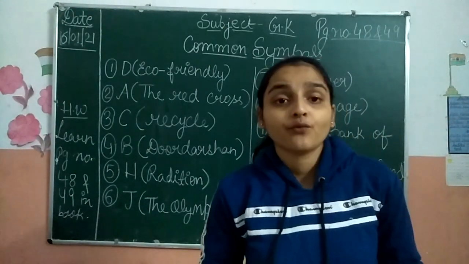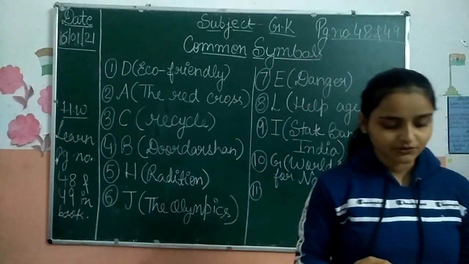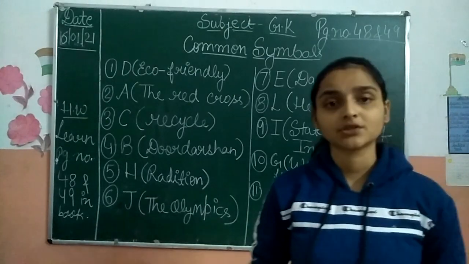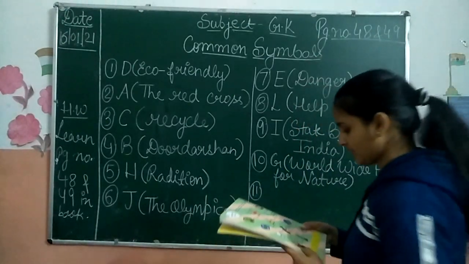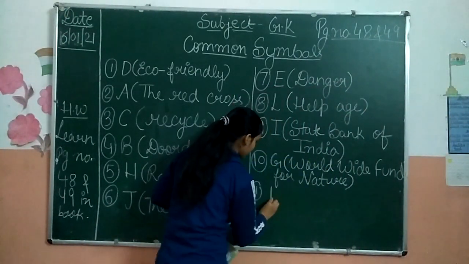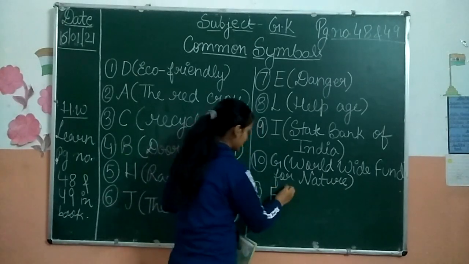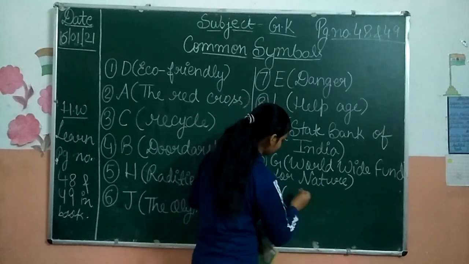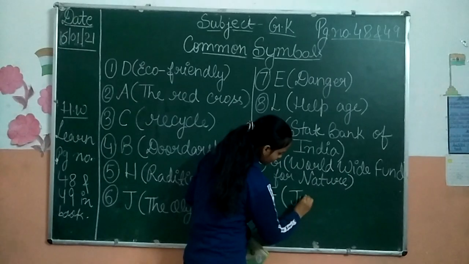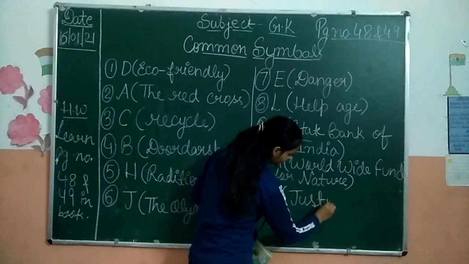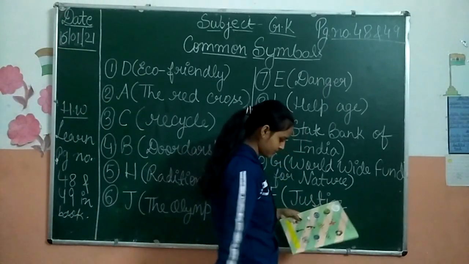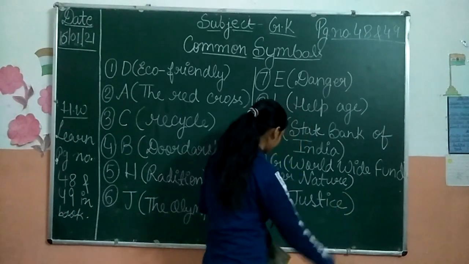This picture denotes justice. So in 11 number write down F and justice. Okay.